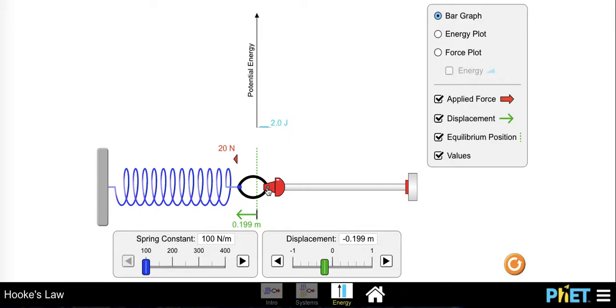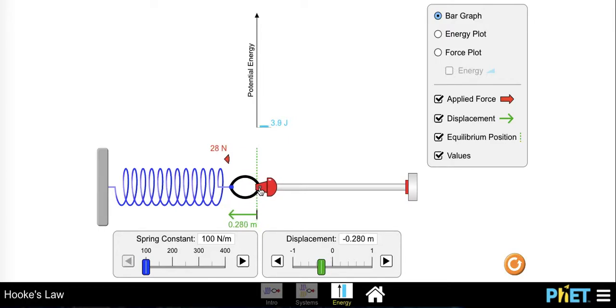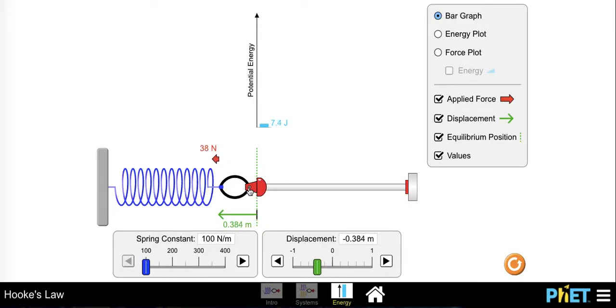And if I want to compress it twice as far, to 0.4 meters, I need to press it twice as hard. That's Hooke's law in a nutshell: if you push or pull an object that obeys Hooke's law out of equilibrium, out of rest position, it takes force. And to push or pull it twice as far from equilibrium would be twice the force, and 3 times as far would be 3 times the force, etc.